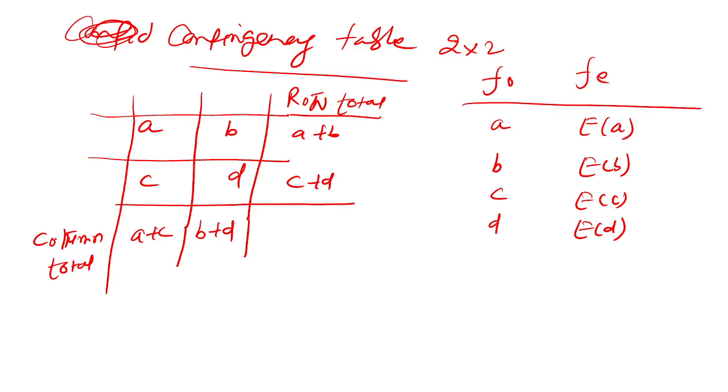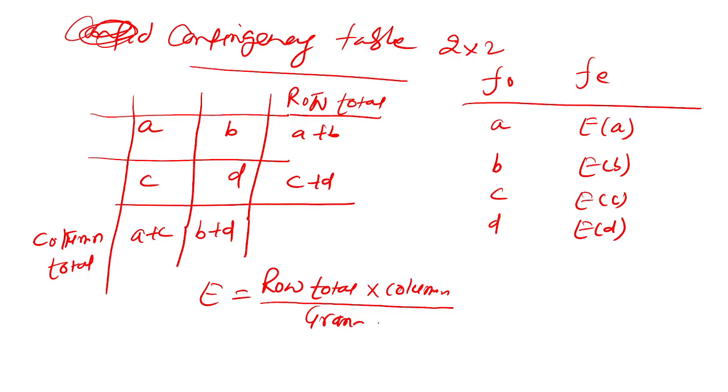Can anyone tell? The formula for E is row total into column total divided by grand total, which is N actually.